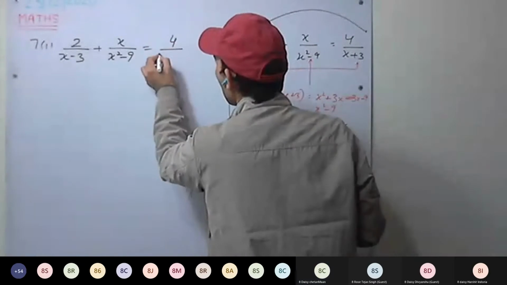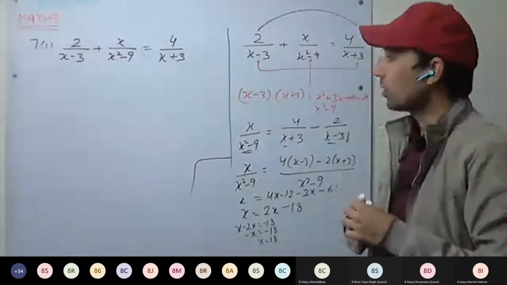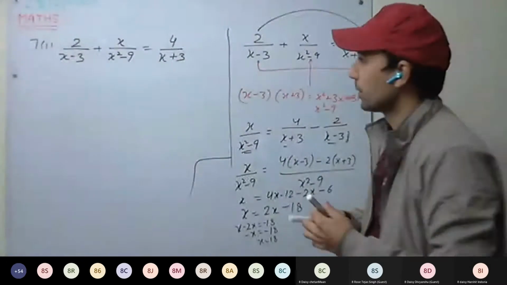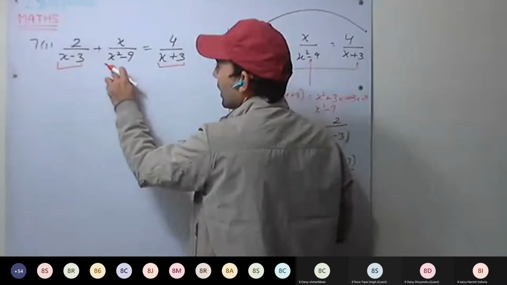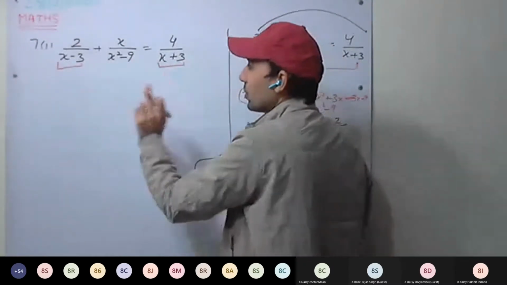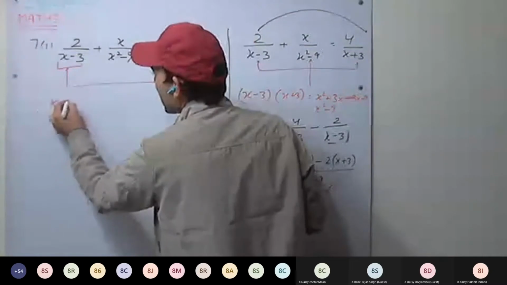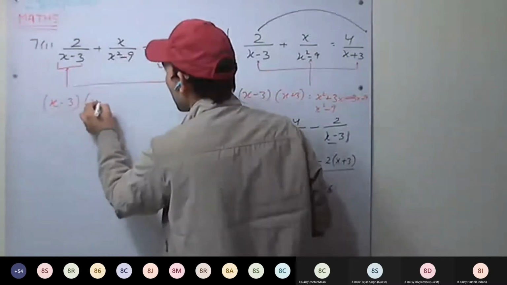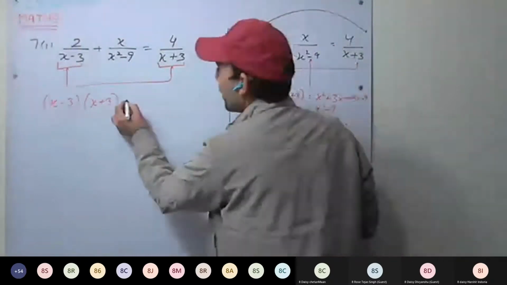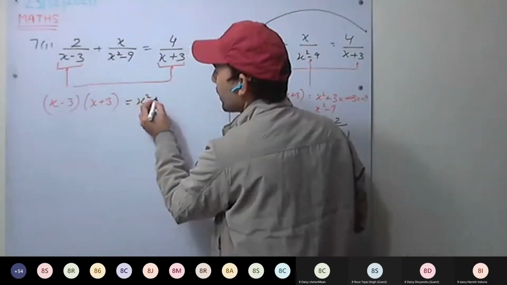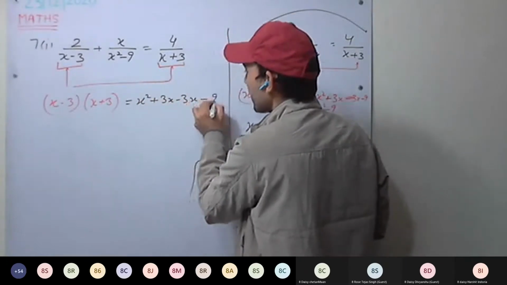Don't worry. 4 upon x plus 3. This is provided to us in the question. Now, first check the denominators. What denominators do we have? x minus 3, x plus 3, x square minus 9. Now see, if you multiply these two terms, x minus 3 and x plus 3, what will we get? x square plus 3x minus 3x minus 9.